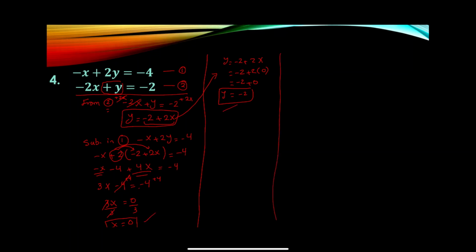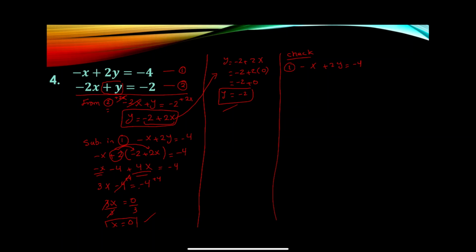Let's do the check. Equation number 1: negative x plus 2y is equal negative 4. By the way, the check is only to see if our solution was true or not.